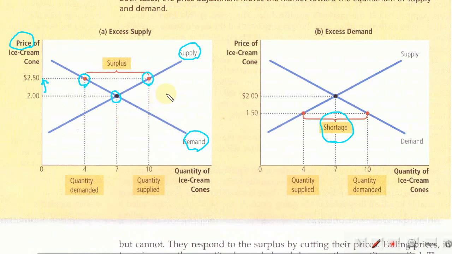No stock, no inventory. Quantity 7, all quantity was purchased by demand. No extra demand and no extra supply, because this equilibrium is the ideal point for supply quantity and demand quantity too.